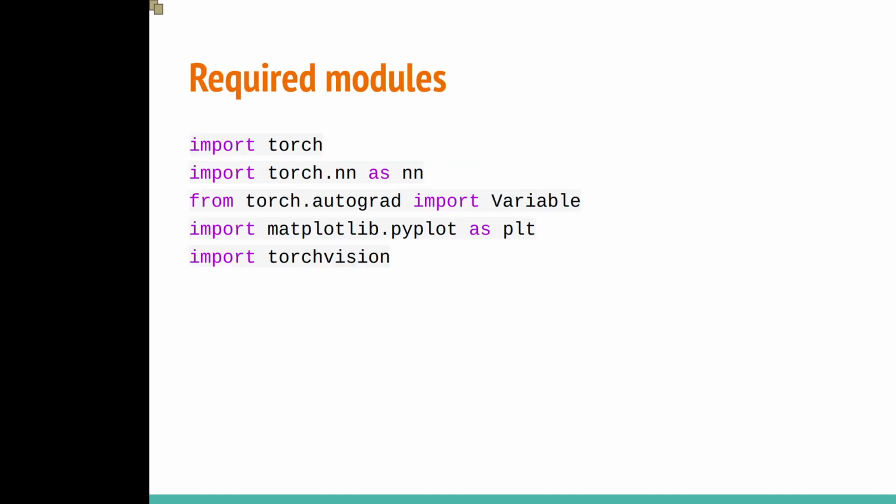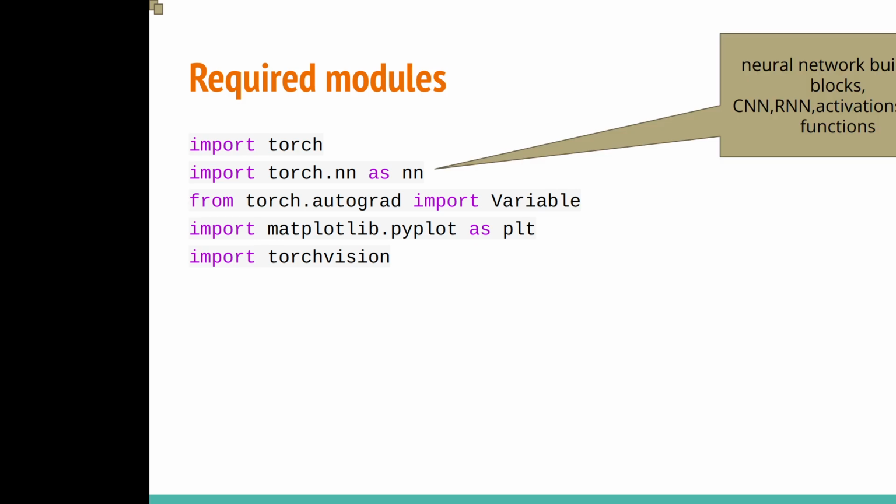Before we introduce how to implement the data set, we will introduce some required modules for the deep learning program. The first one is torch.nn. The torch.nn is the neural network building blocks which contain the CNN, RNN, activation functions, and those functions.